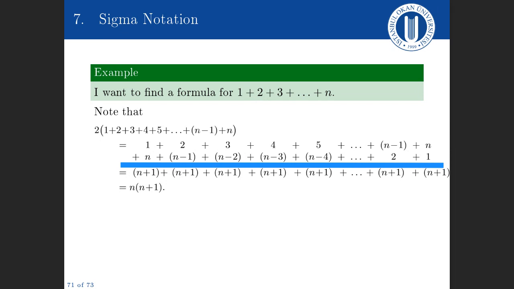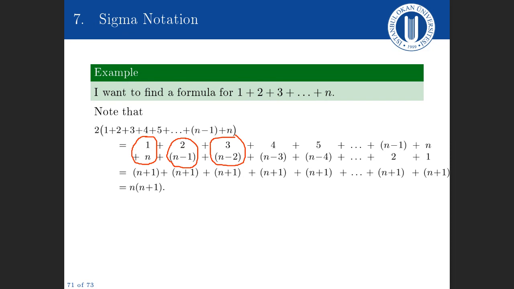And why am I doing it like this? Because if we add the numbers above each other, I get 1 plus n. And then I get 2 plus n minus 1, which is the same as n plus 1. And 3 plus n minus 2 is the same as n plus 1. These are all n plus 1. I get n plus 1 plus n plus 1 plus n plus 1 plus n plus 1, etc. How many n plus 1s do I have?